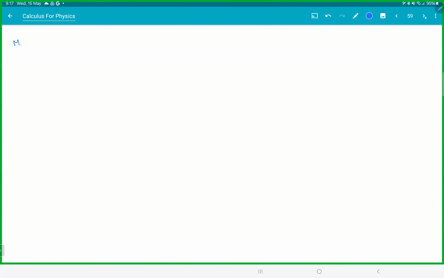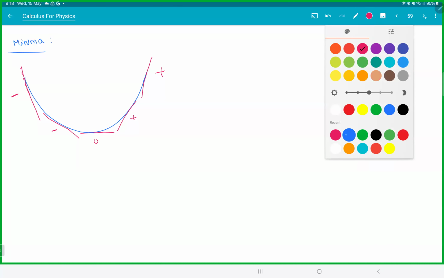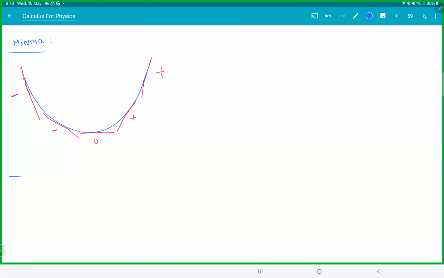So same thing, if you take the minima, the angle is obtuse. The angle is less obtuse. The angle becomes flat, 0. Then it becomes acute. Then it becomes more acute. So here, if you look at the tangents, the slope is increasing.